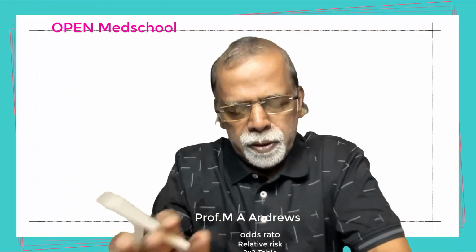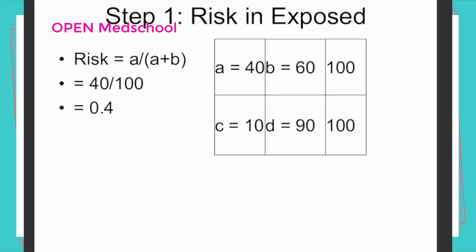So the 2 by 2 table entries are almost the same. So here A is 40. As I explained earlier, this is disease. Here it is exposure. Exposure present, exposure negative.